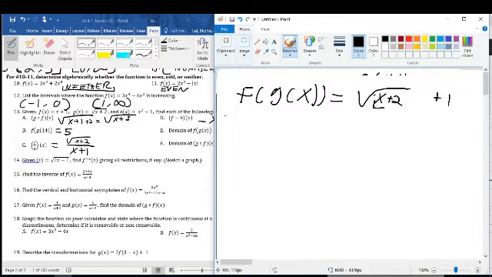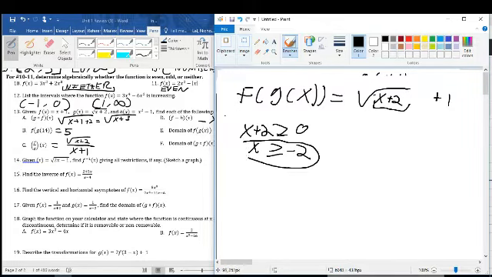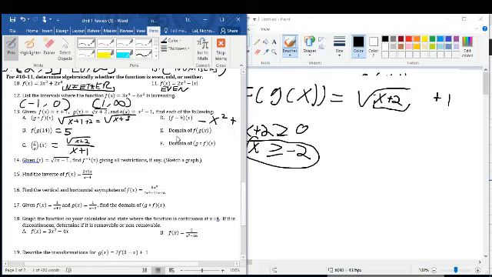So the main thing is that just has to be greater than or equal to 0. That just means x plus 2 is greater than or equal to 0. So x is greater than or equal to negative 2. So the domain of f of g of x is from negative 2 to infinity.